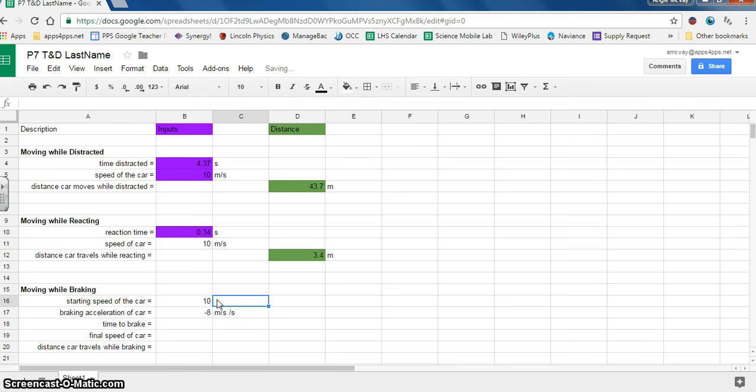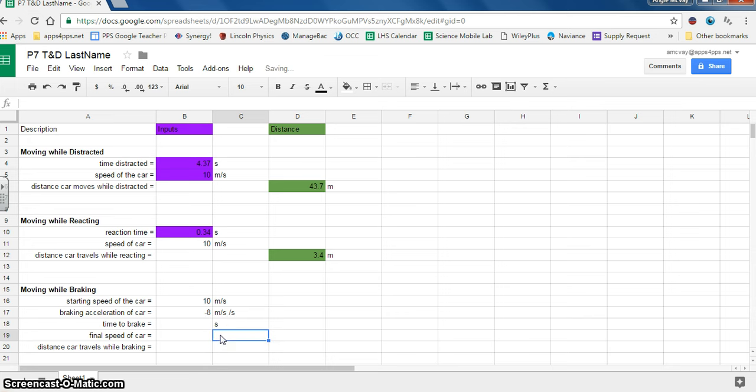The speed of the car initially was in meters per second. Oh, and it wanted to auto-populate my units. I don't want that extra per second, so I'm going to get rid of that. The time to brake is calculated, but its units will be in seconds.